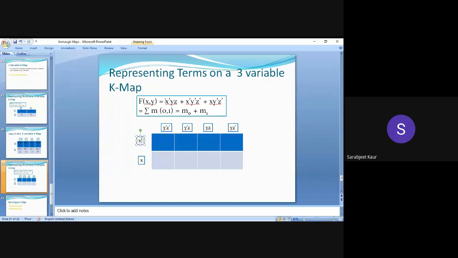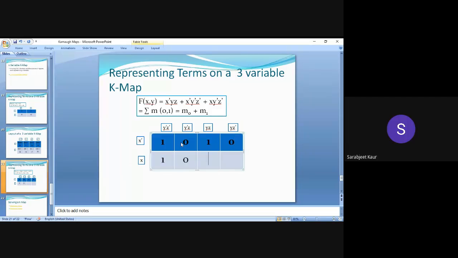If we are given this form of expression, we can do it directly. We can just locate x dash and then yz in this row. This should be 1. Then x dash y dash z dash should be 1, and x y dash z dash should be 1. All other squares will be 0.